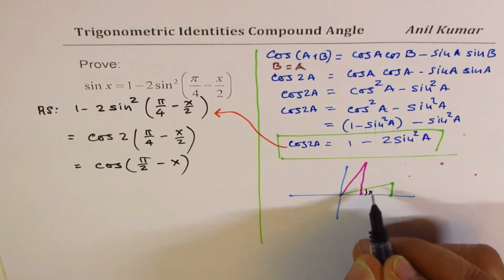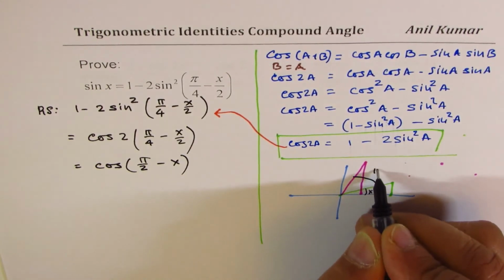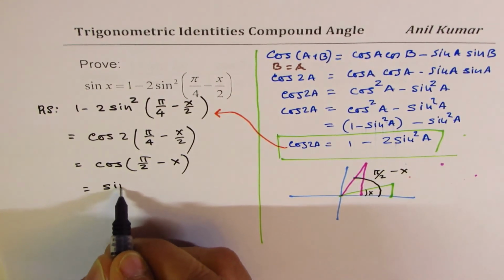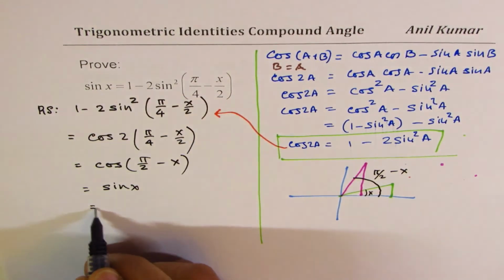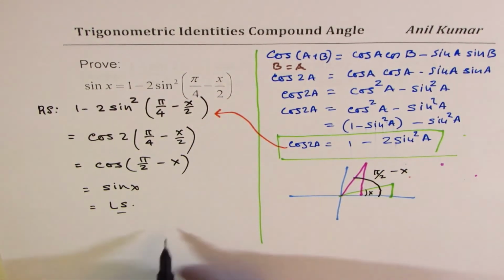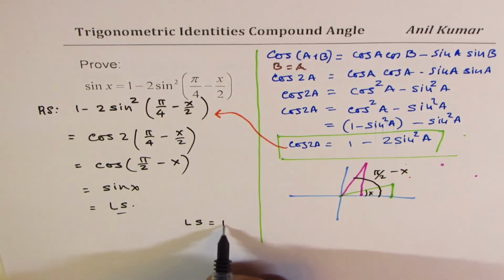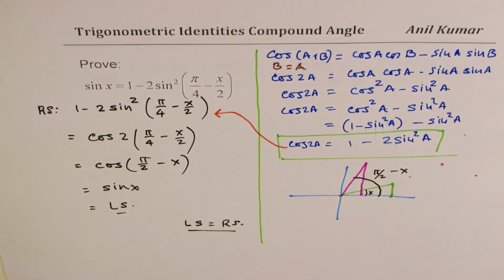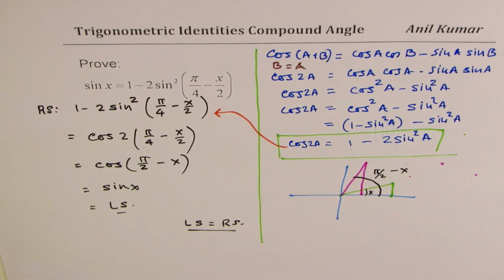So we are relating x with this, which is pi by 2 minus x. So it becomes sine x, which is the left side. So we have shown left side equals right side. Okay, so that is how it could be done very easily. So I hope that's absolutely clear, right?